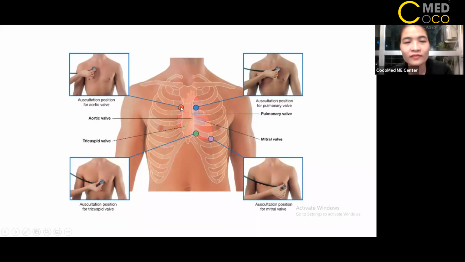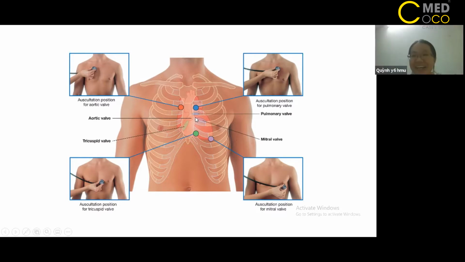You see it? So you should remember the locations, the positions of the valves, because it will reveal some information about the defects of the heart. Auscultation is the first symptom that we can hear when we do a medical checkup for a child.